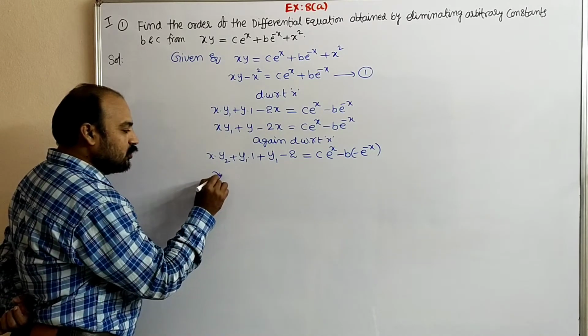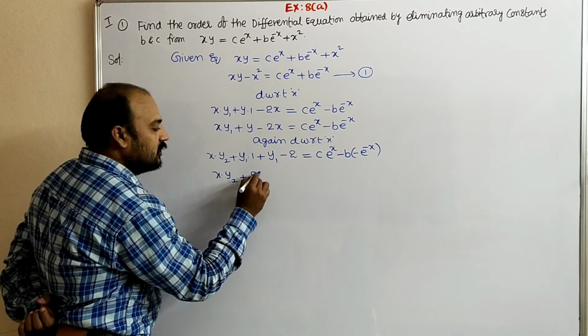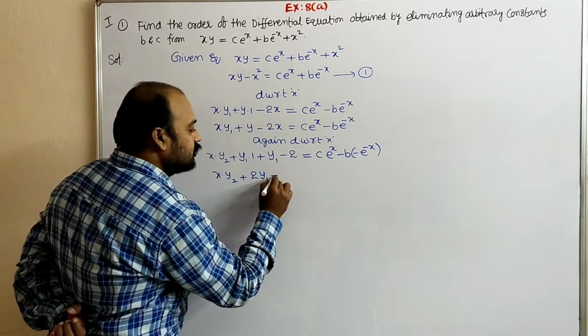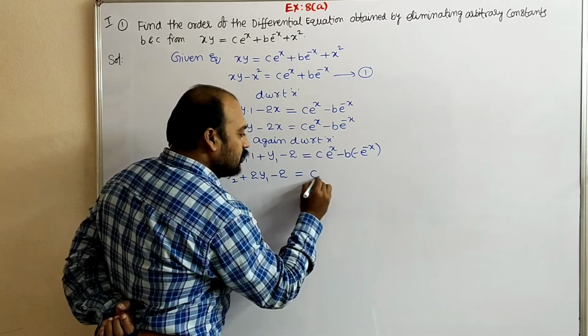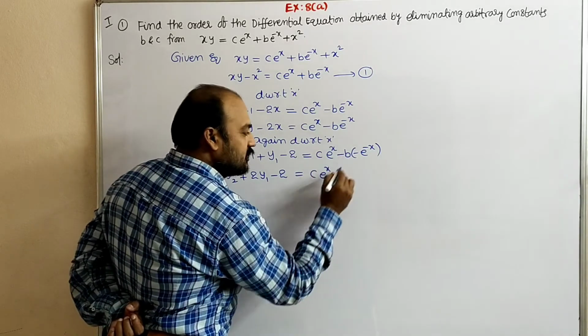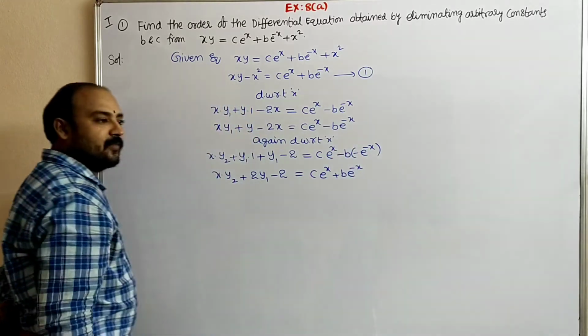So x into y2, y1 plus y1 is 2y1 minus 2 equal to c into e power x, minus into minus is plus, b e power minus x.